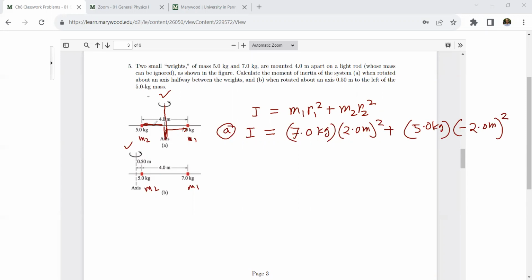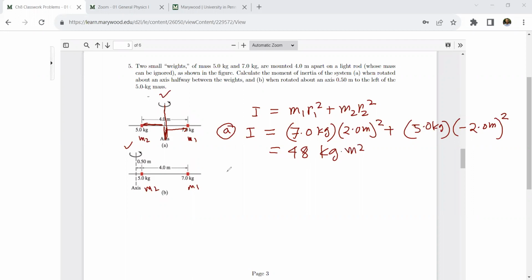But even if you use the positive sign, you will get the correct answer, because the negative of something squared is positive. So no matter whether you use a positive or negative sign here, it will give you the same result. But I mean, we should use the correct sign. Okay, all right. So plugging all these values in your calculator should give you 48 kilogram meter square.